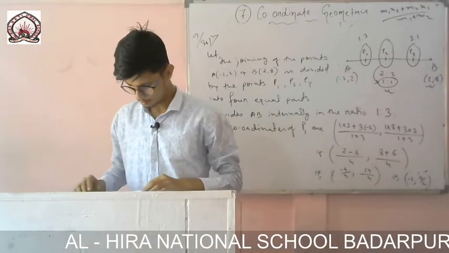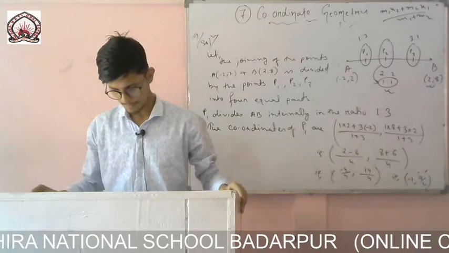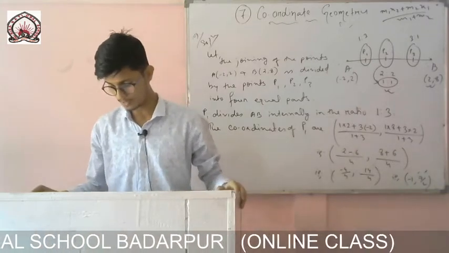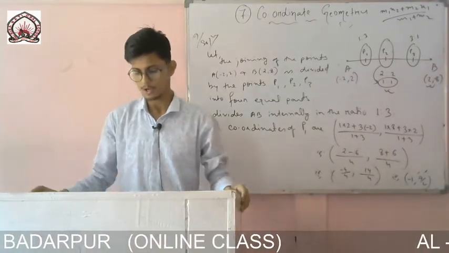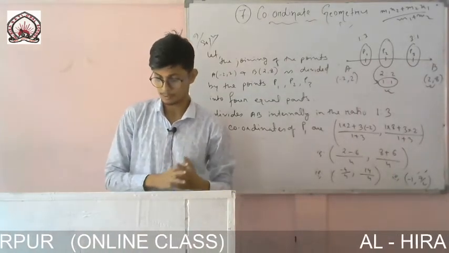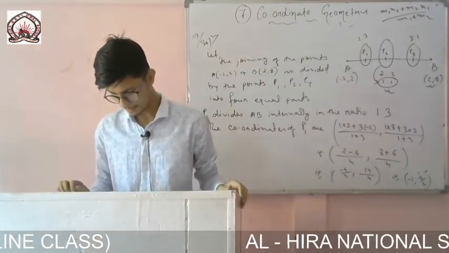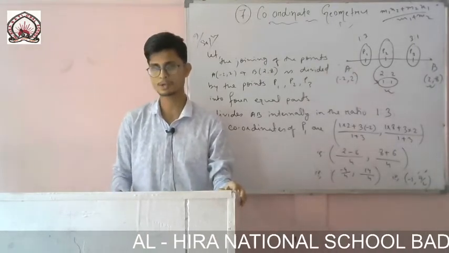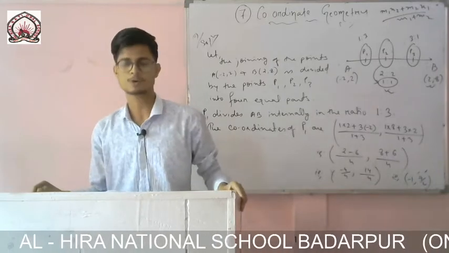Now the last question of this exercise. It is given: find the area of the rhombus if its vertices are (3, 0), (4, 5), (-1, 4), and (-2, -1), taken in order. You have to find the area of the rhombus if the vertices are given, taken in order. One hint is given: area of rhombus is equal to half of the product of its diagonals.